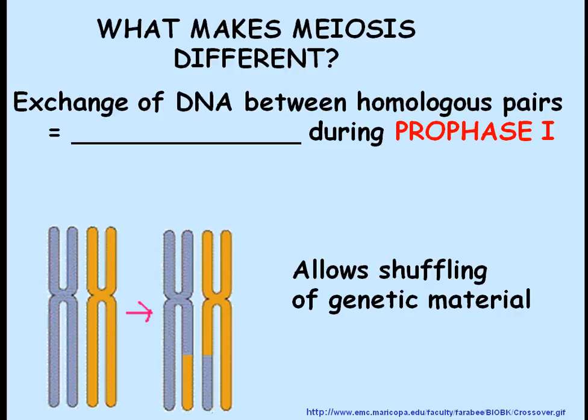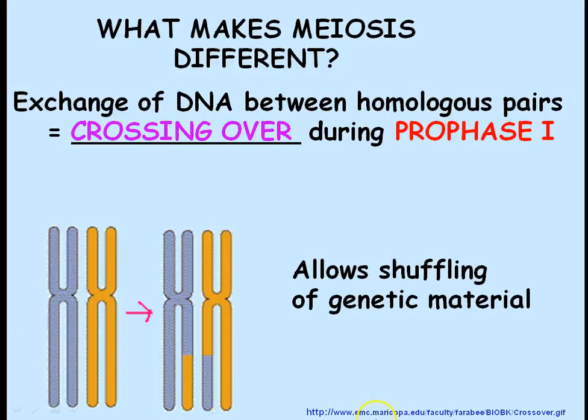Okay, so now that the chromatids have been intertwined with each other, they can actually switch their DNA. And this is what we call crossing over. Because a little piece of genetic material from the maternal or the mother chromosome will actually switch with the genetic material from the paternal chromosome, paternal meaning dad.